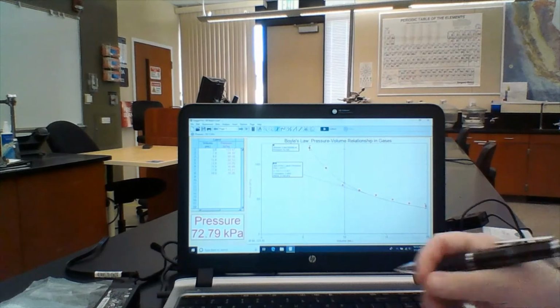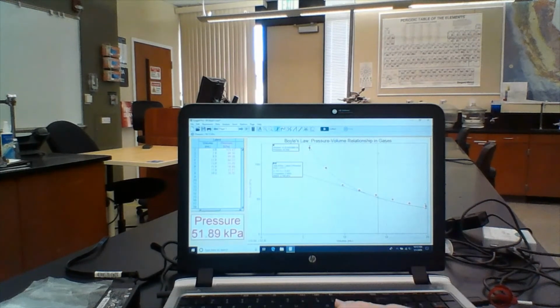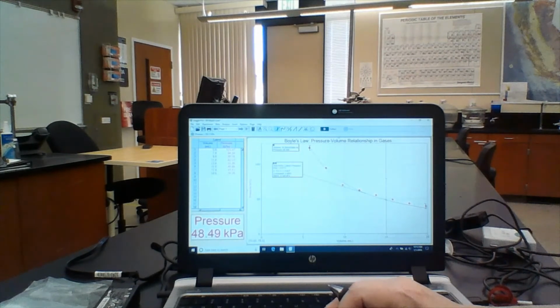And we're going to look at 20 milliliters, and the pressure is 36.38. Then we want to look at 15 milliliters. I will give you all these values in paper form, and the pressure is 48.49.